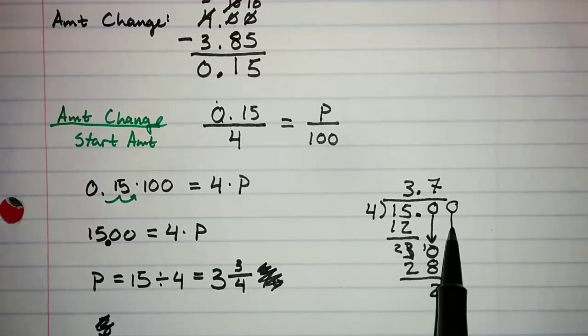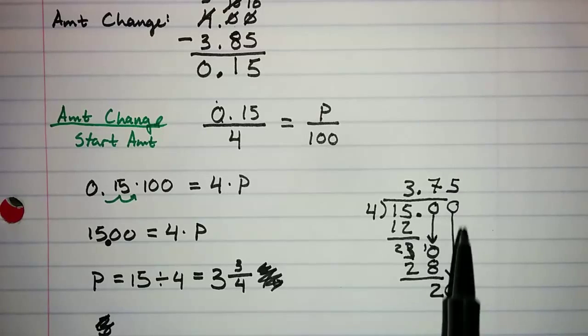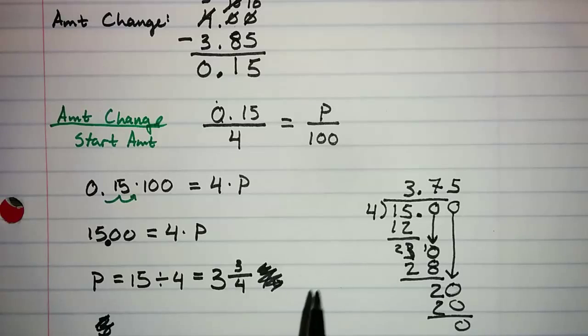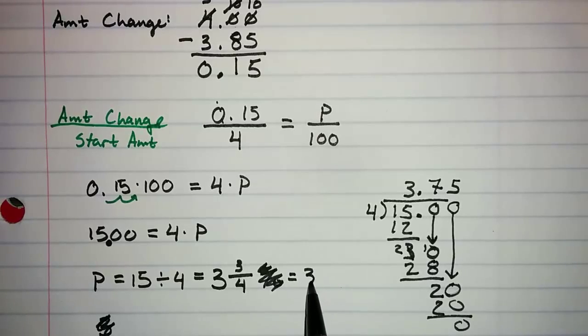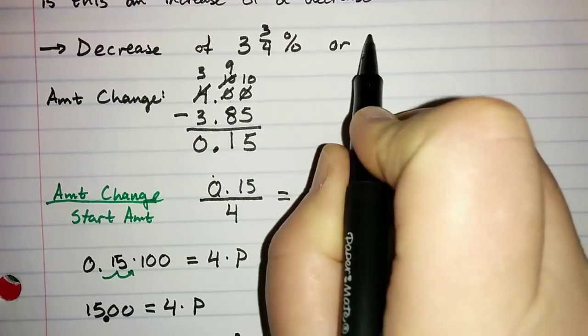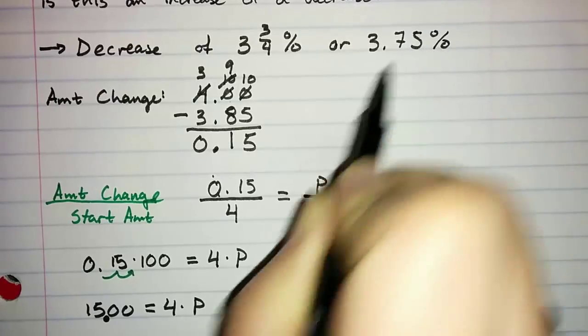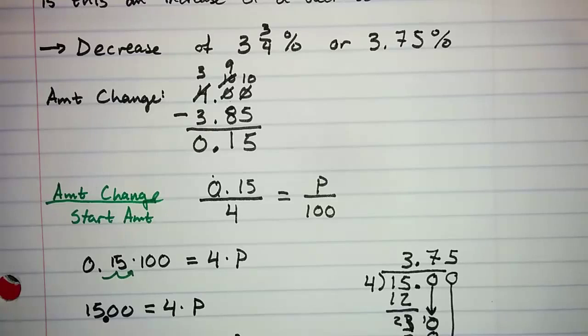I'll need another 0. 4 goes into 25 times with nothing left. So this is also 3.75. I could also say a decrease of 3.75%. Either of these answers would be correct.